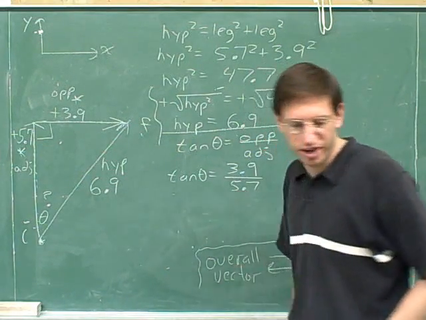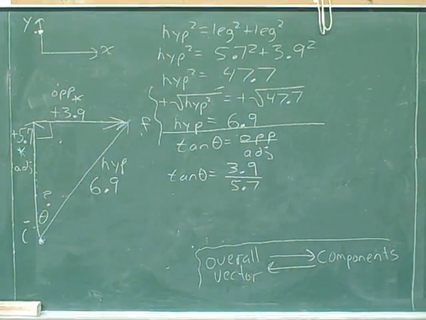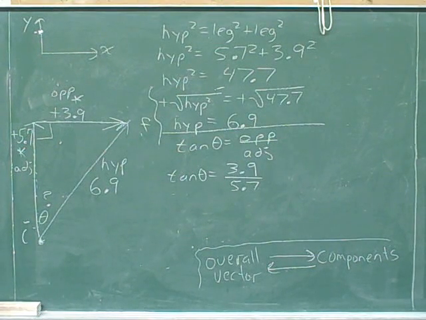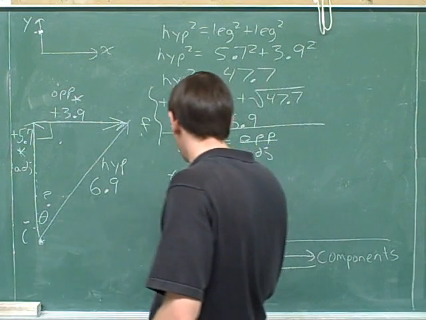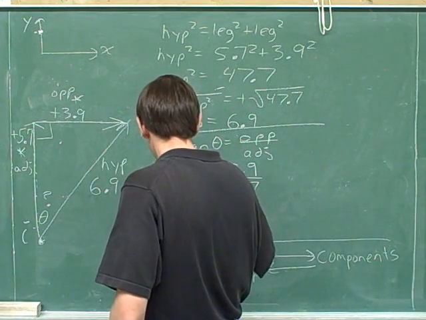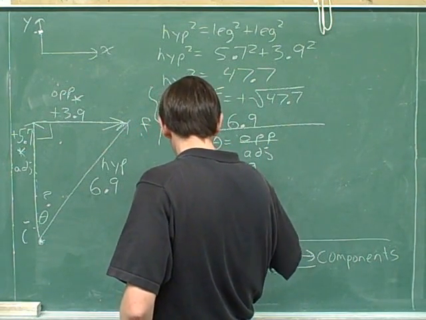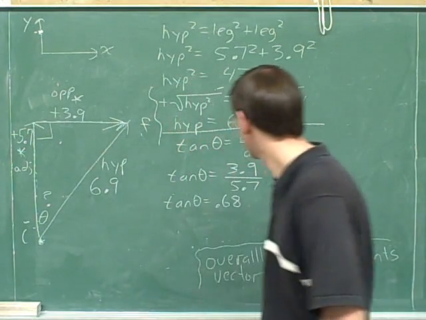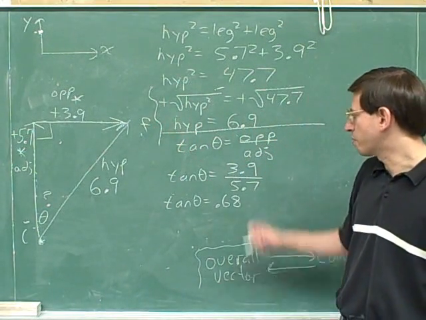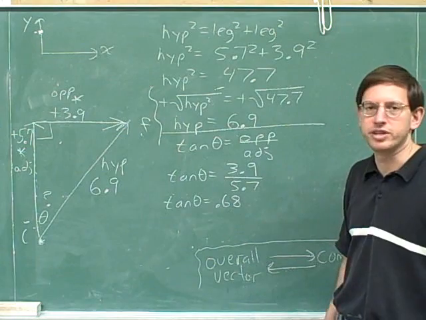Let's do 3.9 divided by 5.7 on our calculators. That's 0.68.